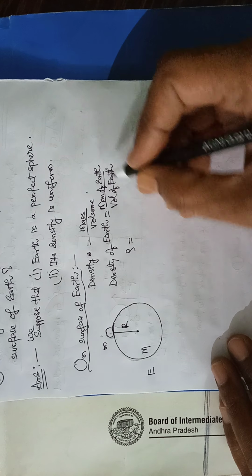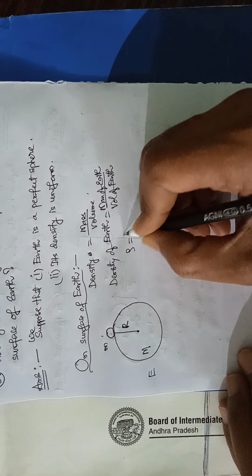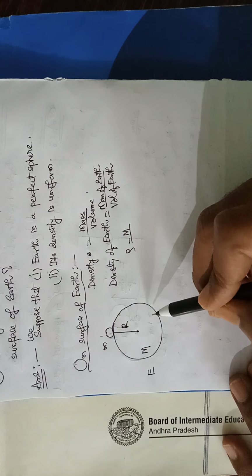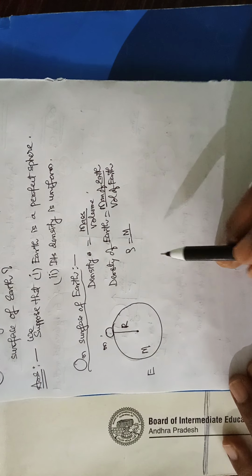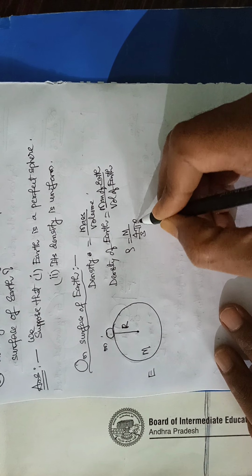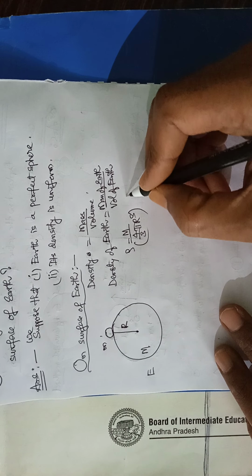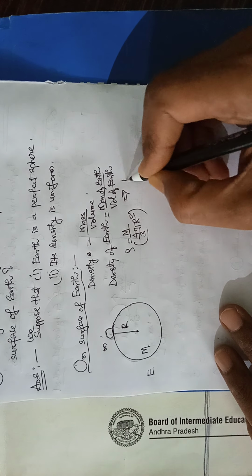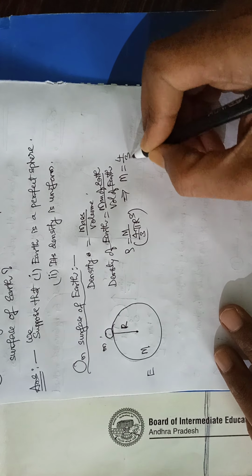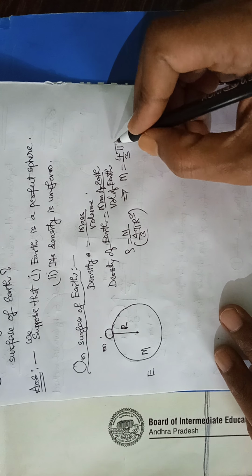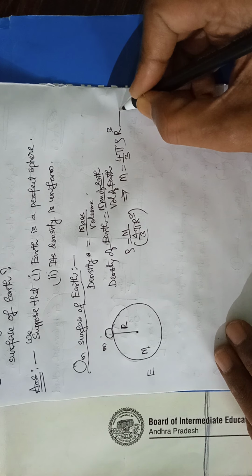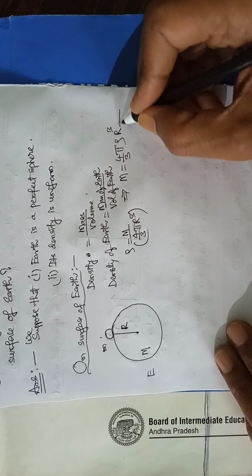Rho is equal to the mass of the earth, capital M, by the volume of the earth. Assuming the earth as a perfect sphere, its volume becomes 4 by 3 pi r cube. So from this, capital M is equal to 4 by 3 pi rho r cube.